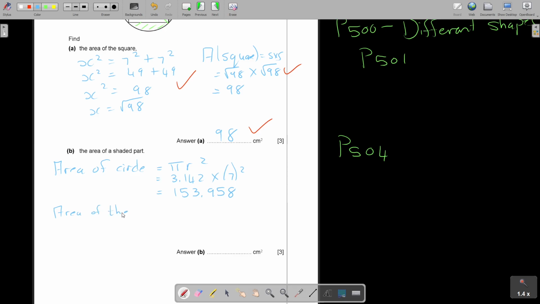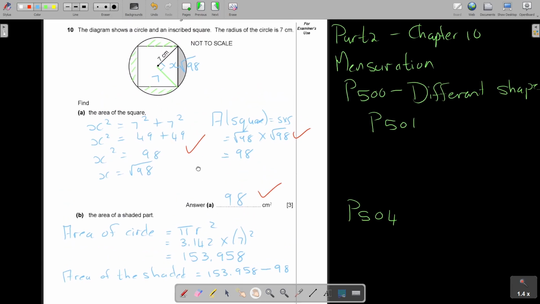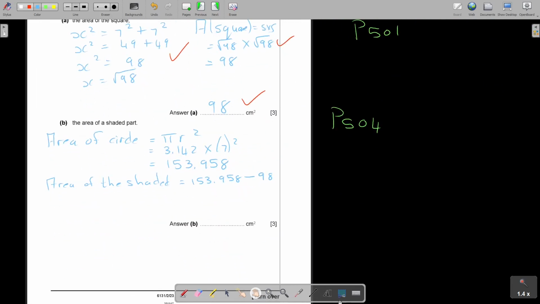Now take that 153.958, subtract the 98, but then you get all 4 parts. Don't forget that. 1, 2, 3, 4. So now you just want 1 part, so just divide it by 4.